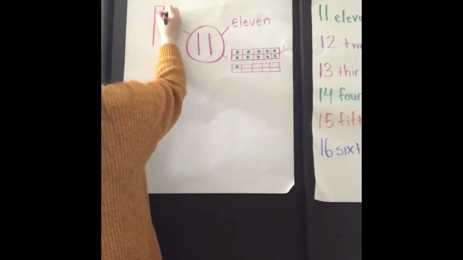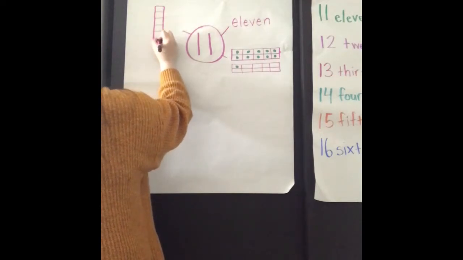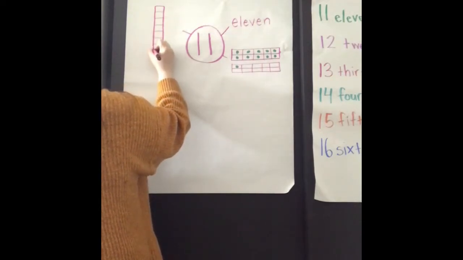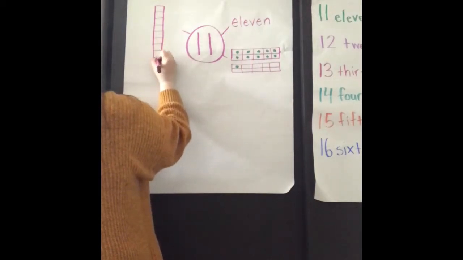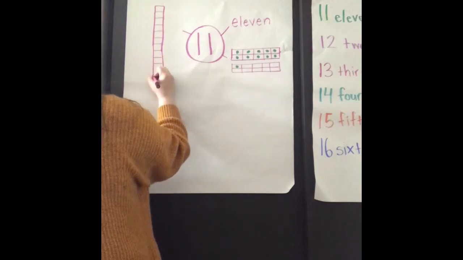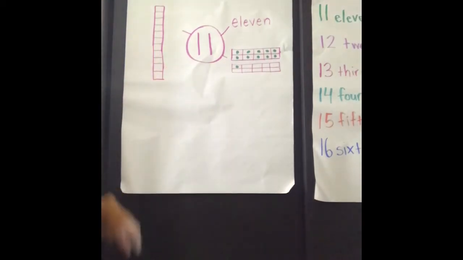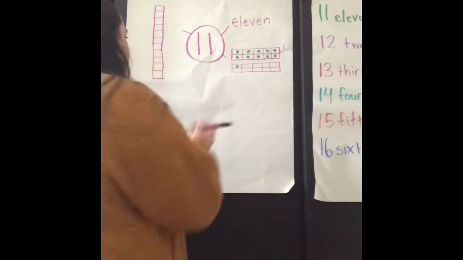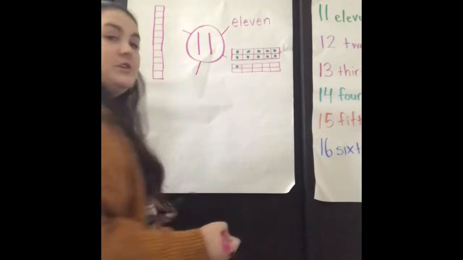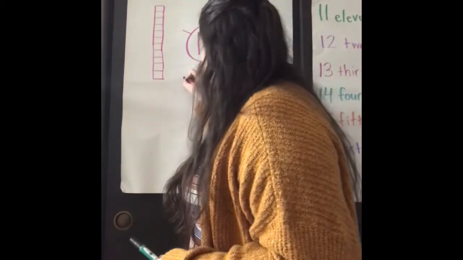And I'm going to do 1, 2, 3, 4, 5, 6, 7, 8, 9, 10, 11. That's kind of tall, huh? 11 cubes. Okay. The last way that I'm going to show 11 is with a combination of dice.